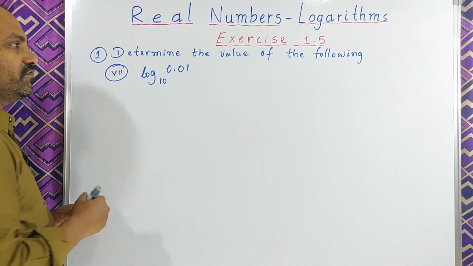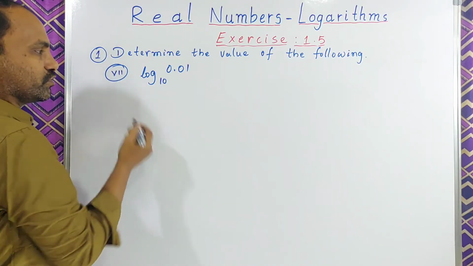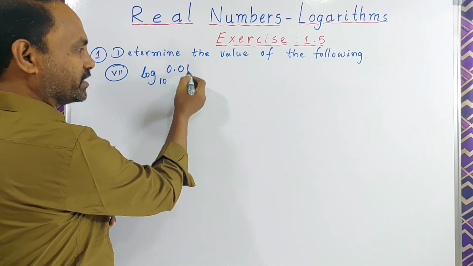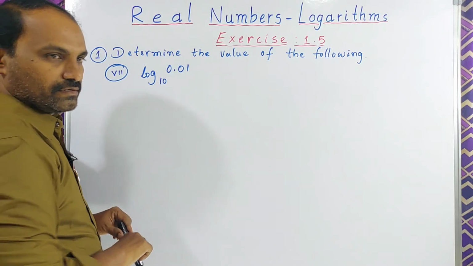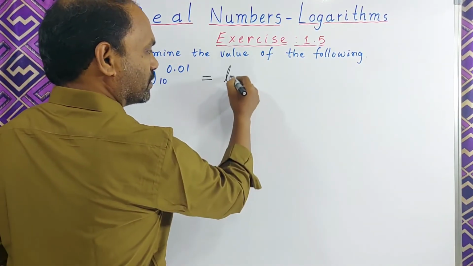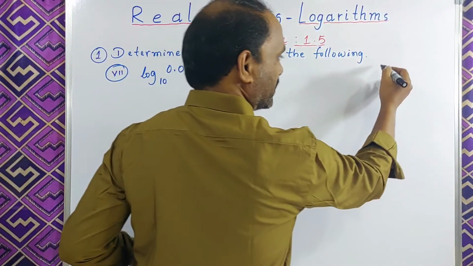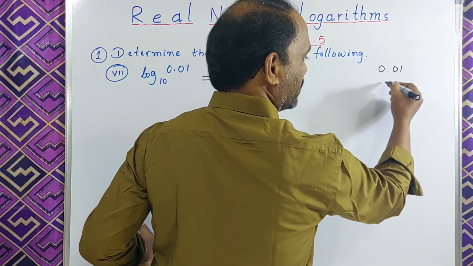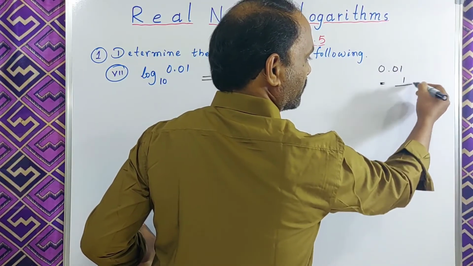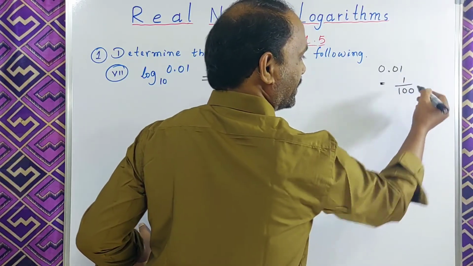Now the seventh question from exercise 1.5 first Roman. Seventh question, log 0.01 to the base 10. So how can we change this one? Log 0.01. How can we write this one? After the point there are 2 digits, that's why 100.